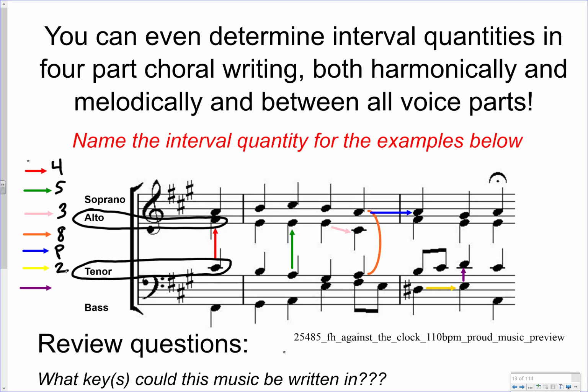And our last arrow is harmonic, and it's an E up to a D, and that is a seventh. So hopefully you did okay with determining the generic intervals in choral writing. Get used to seeing choral writing because as the year progresses, we're going to examine more of our soprano, alto, tenor, and bass voices.